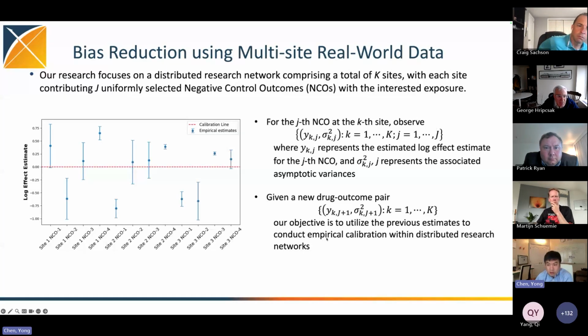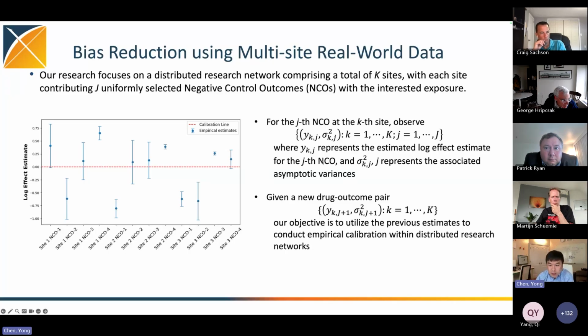So now let's take a look at the setting where we have a multi-site evidence synthesis exercise. This is usually the case in the Odyssey, right? We want to collaborate. We want to not only pool results together to gain higher statistical efficiency, but also characterize the heterogeneity of the different outcomes across different studies.